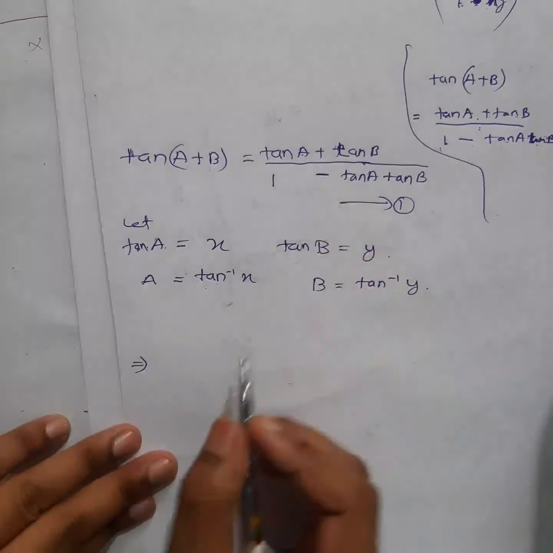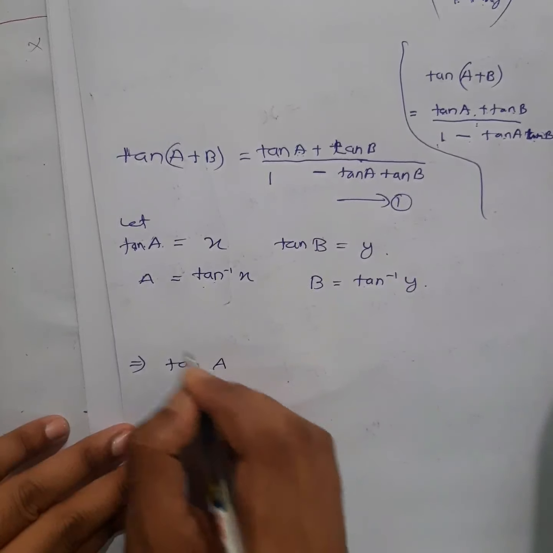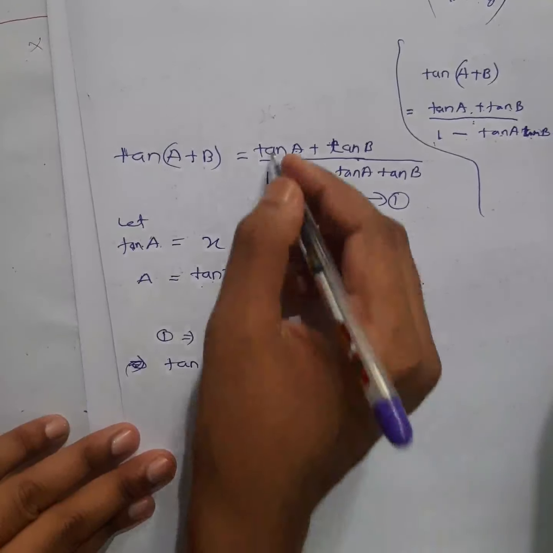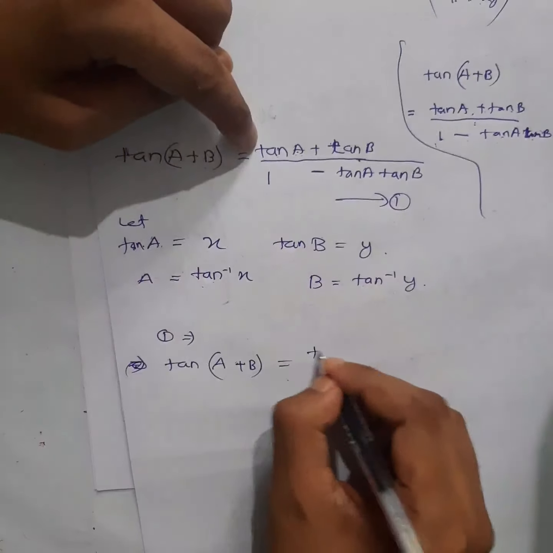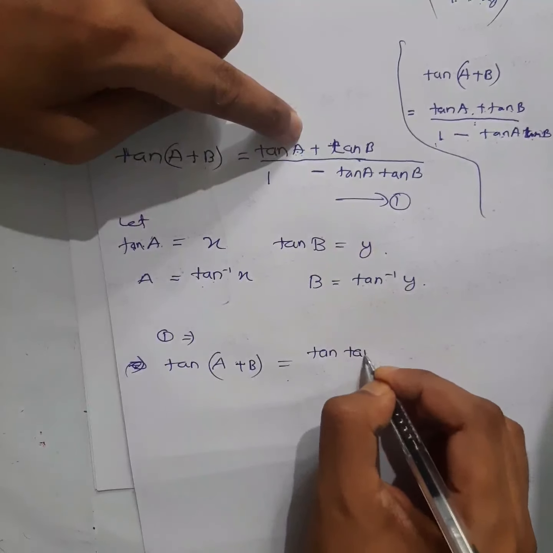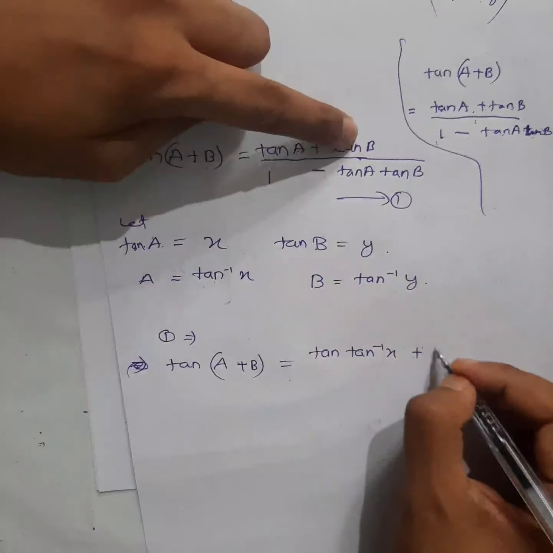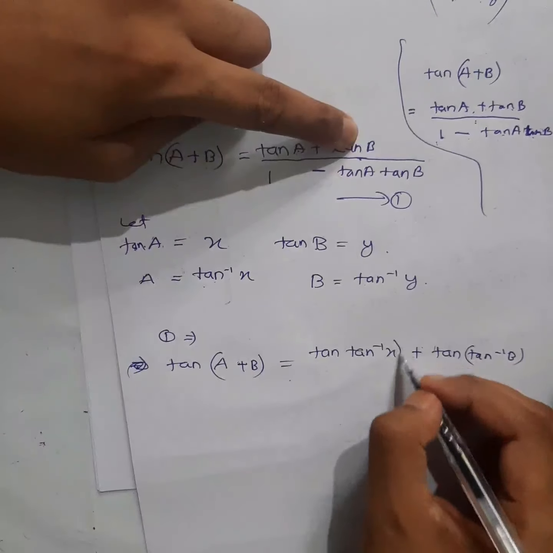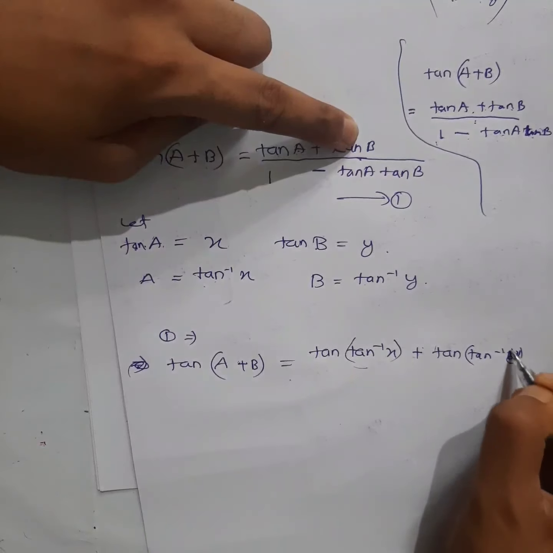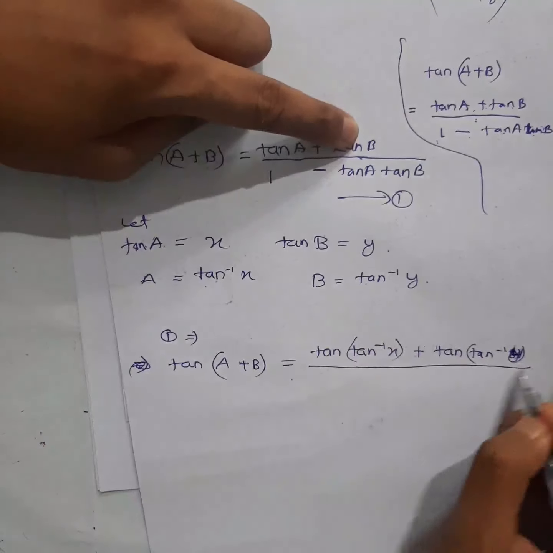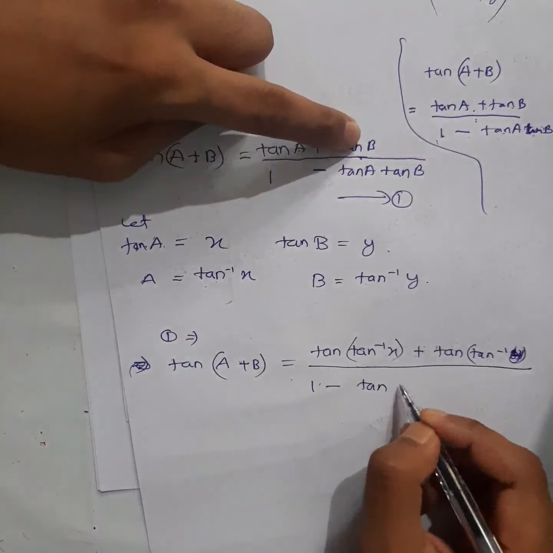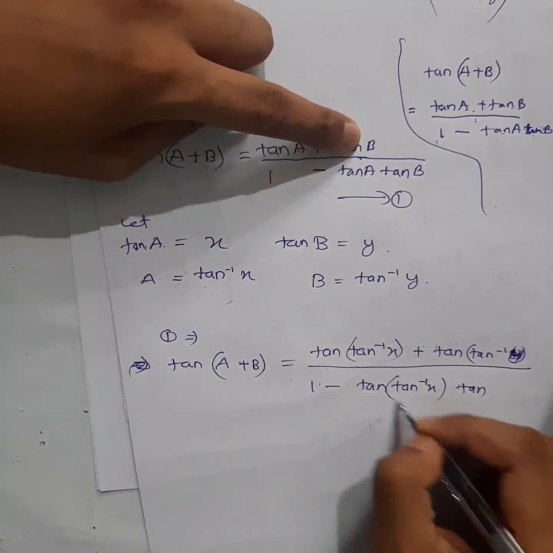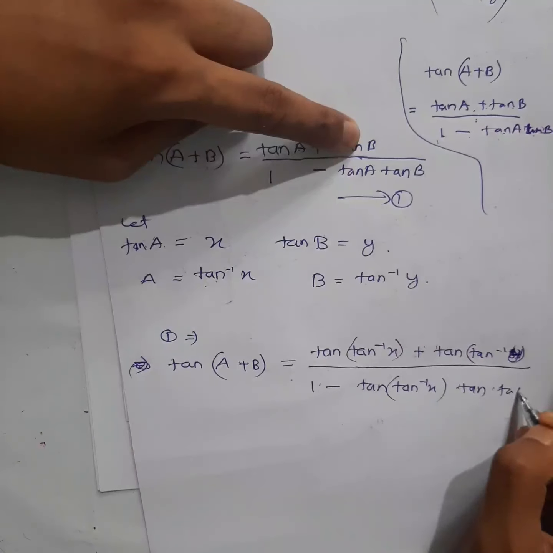Now see, these things I will put here. So what will you get, tan of 1 implies you can write tan of a plus b is equal to tan a, in place of a, tan inverse x, plus in place of b, tan inverse y, by 1 minus tan a, in place of a tan inverse x, tan b, in place of b tan inverse y.